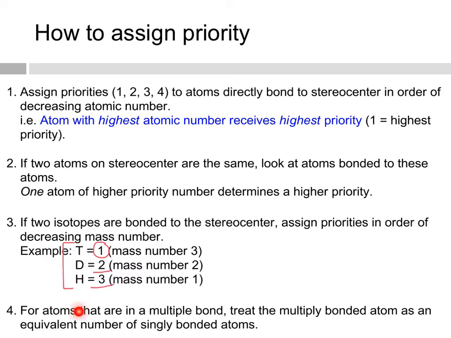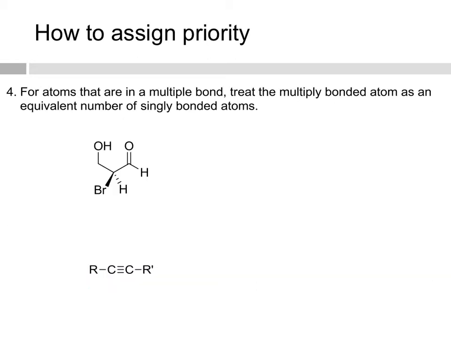For atoms that are in a multiple bond, we are going to treat the multiply bonded atom as an equivalent number of singly bonded atoms. Let's look at an example for this. In this first example, we're trying to assign the stereocenter here, and we can say that the bromine is going to be the highest atomic number, so it's 1, hydrogen is 4. Now we have 2 carbons, and now we have to assign it based on the atoms bonded to these carbons.